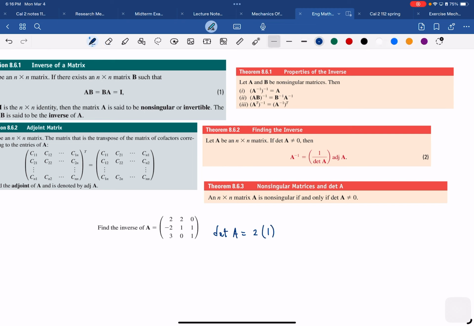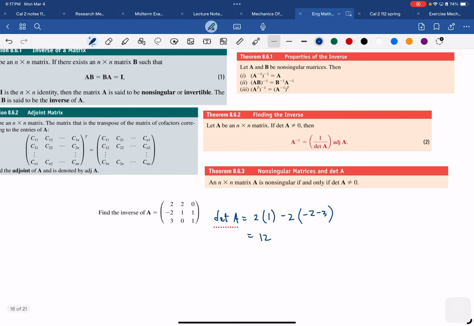So 1, and then minus 2, this will be negative 2, negative 3, which is negative 5. So 10 plus 2, right? 10 plus 2 is 12. And then A inverse is 1 over 12, and then we take the adjoint.